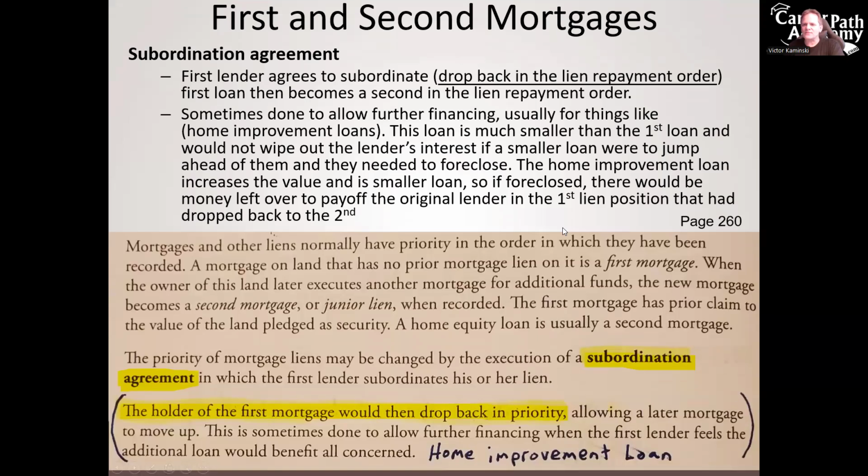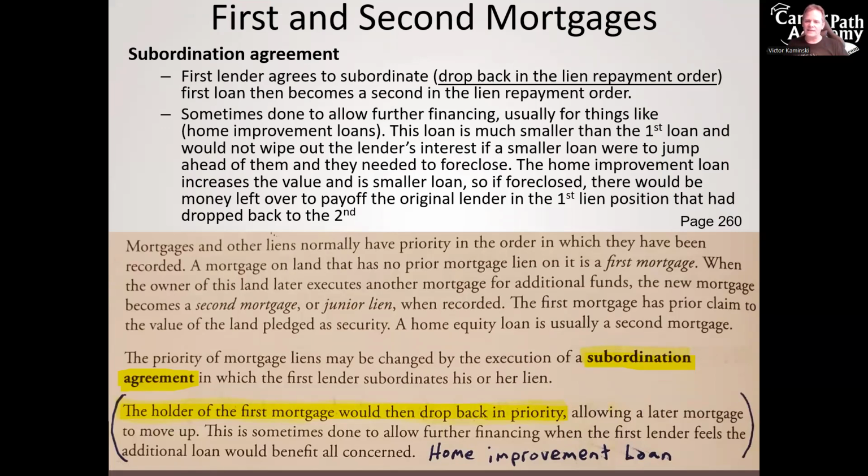Well, perhaps if it's a smaller loan that's only going to increase the value of the collateral, like a home improvement loan. They don't see that, in the event it doesn't get paid back and they have to foreclose, that's not going to wipe out the entire interest of the larger loan.